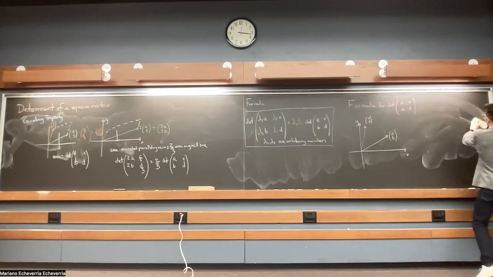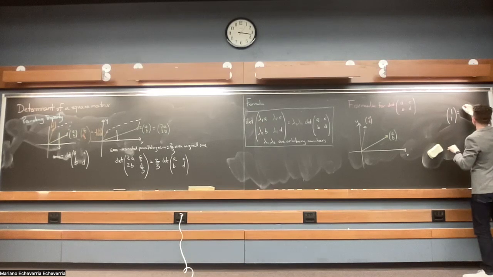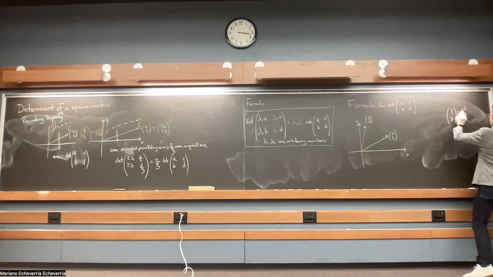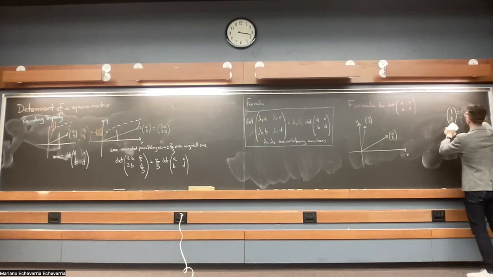Like for example, if you had the vector 1, 1, let me put it like this. Well, let's put it 1, 1 because that's more clear.